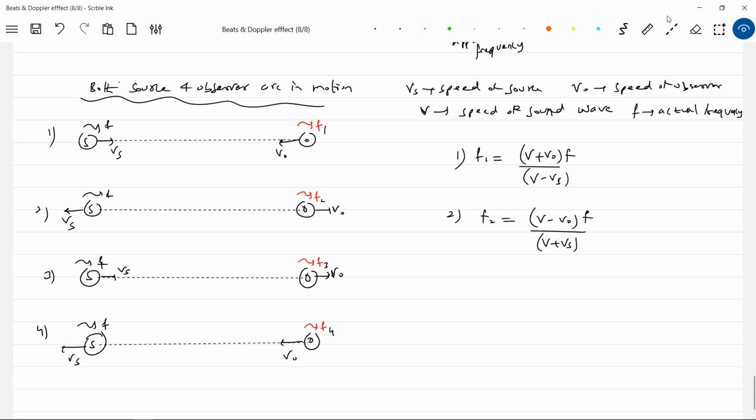You don't get time to derive the conditions directly, from the basic conditions I discussed. From that you should get a formula and work it out. What are F1, F2? Apparent frequencies.